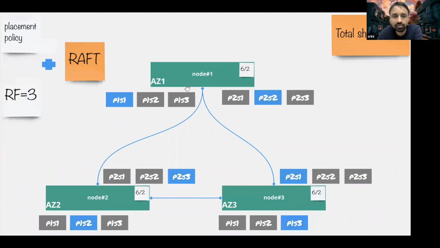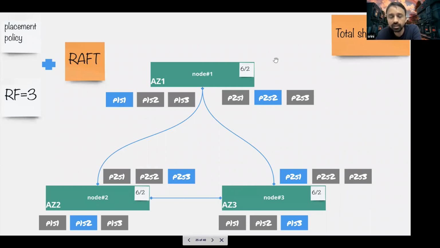So when I bring in Raft into this now, then there will be tablet leaders for 3 copies of the Raft group. So partition 1, shard 1, partition 2, shard 2, the leaders are placed in node 1. In a similar way, the leaders for the rest of the shards would be shared between node 2 and node 3, right?